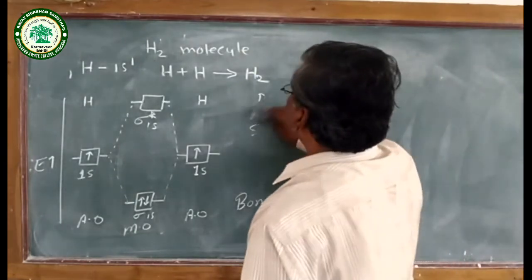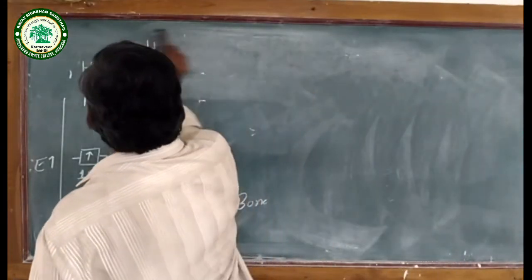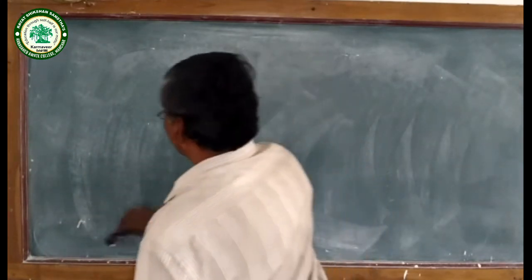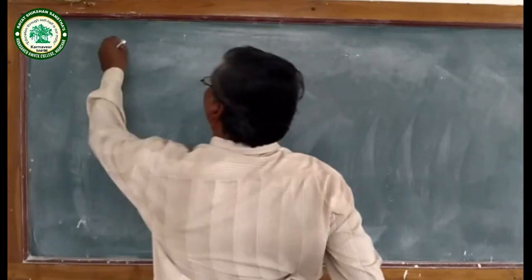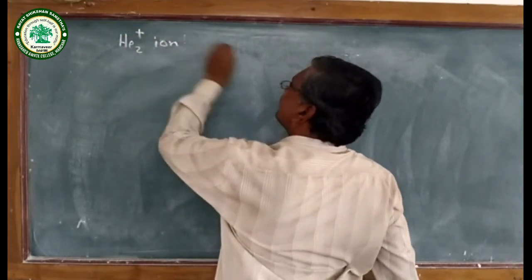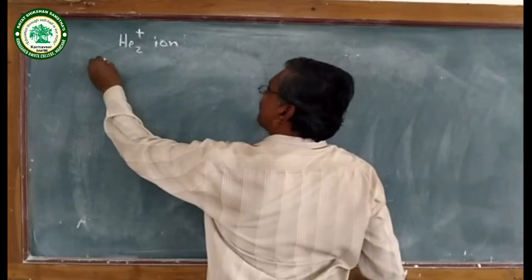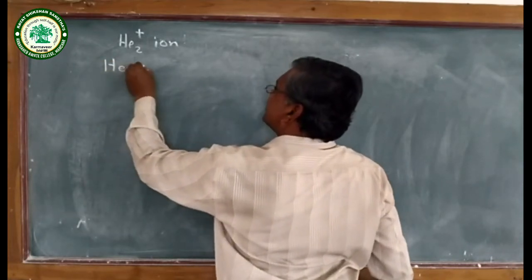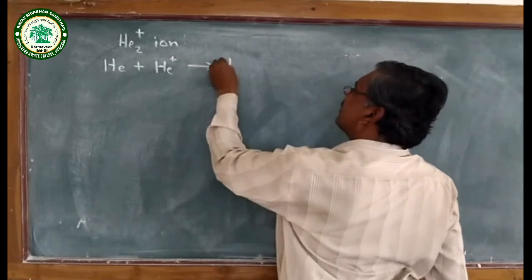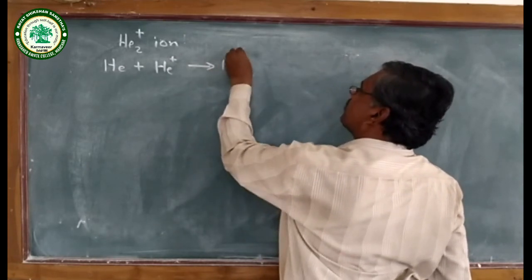The next molecule is He2. In case of the He2 plus ion, the formation can be shown as He plus He plus ion gives He2 plus ion.